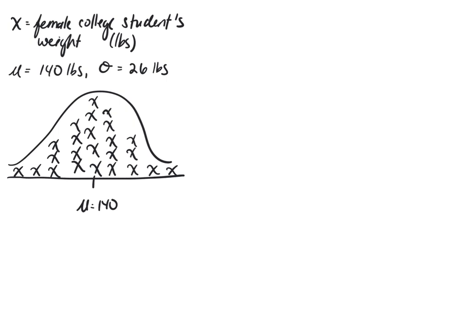Okay, now let's take a look at a question like question A in your homework problem. In a question like A, we are asking, what is the probability that if I randomly select one female college student, her weight is going to be between 125 pounds and let's say 145 pounds. Now, my drawing is not drawn to scale, but this question is saying, let's take a look at this distribution of x's, where each x represents the weight of one female college student.